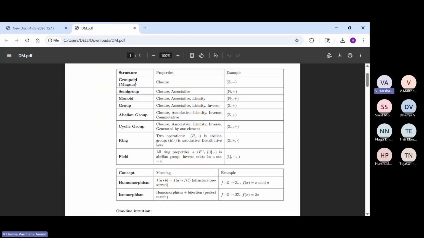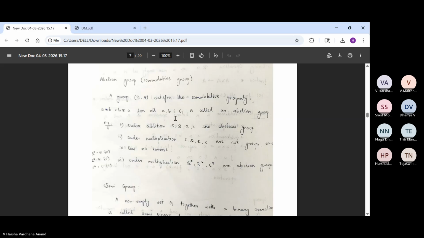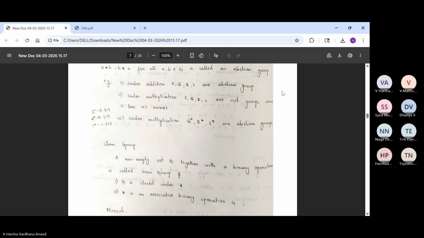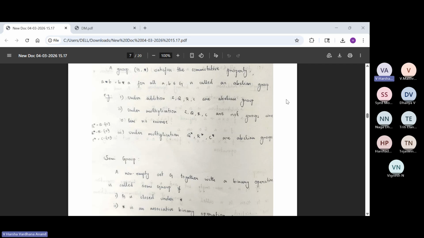So cyclic group. Cyclic group is an interesting thing. So imagine a group which is created by just one element. Oh, wait, I can write here.